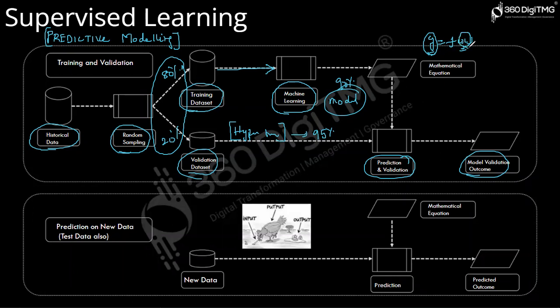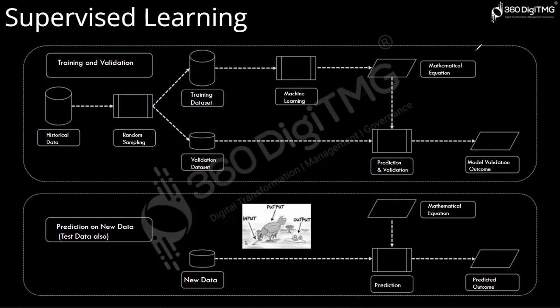So the relation between my output and input is something we are trying to look at. Now this is my test data. The test data is completely new data that we are going to use.